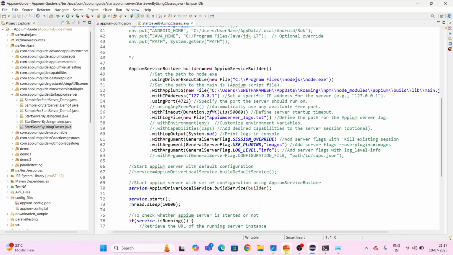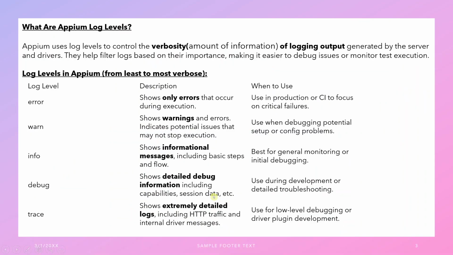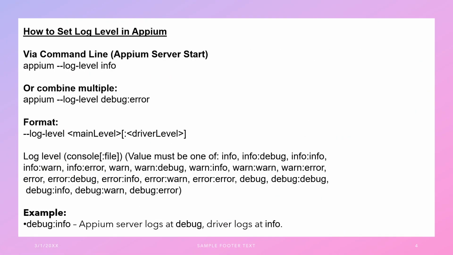Okay, now go back to our PPT. We have gone through info right now. Here we have combinations also. So what exactly is a combination? Here we have Appium double hyphen log-level. We have seen info, debug, and so on.